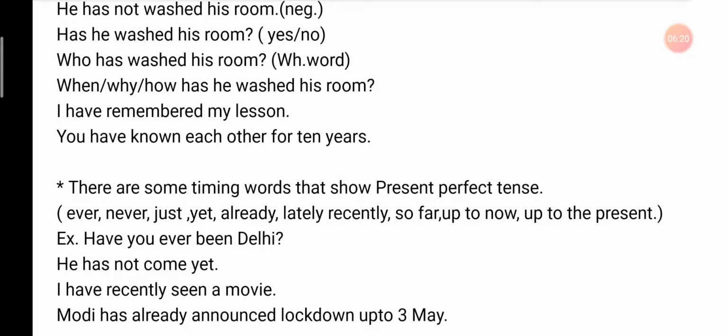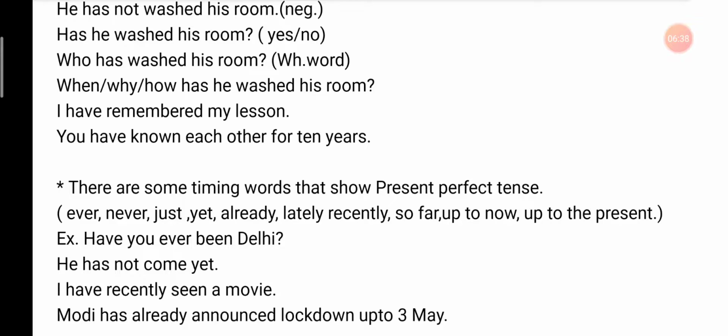I have discussed in present continuous tense that there are some words that are not used in continuous tense. If we cannot use them in continuous tense and the sentence is very simple, then we will use simple present tense.